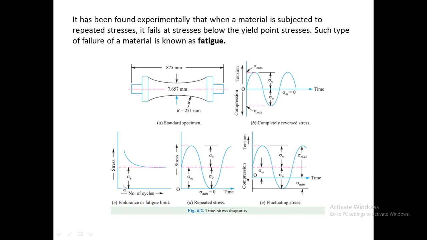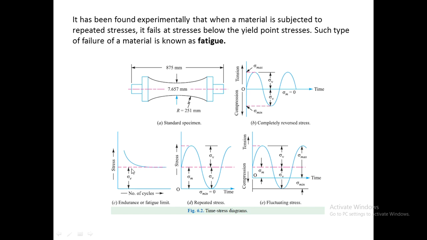In this graph, we can see the number of cycles versus stress. For any number of cycles, as long as the stress falls within this pink dotted line represented in the graph, the design of the machine element is said to be safe.